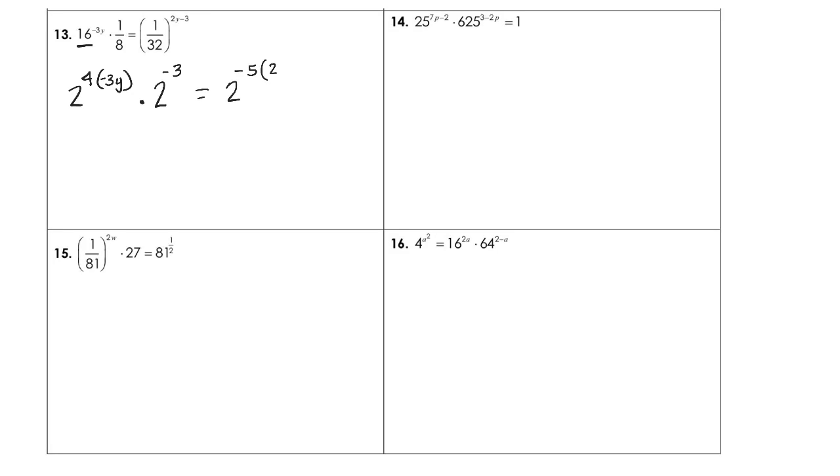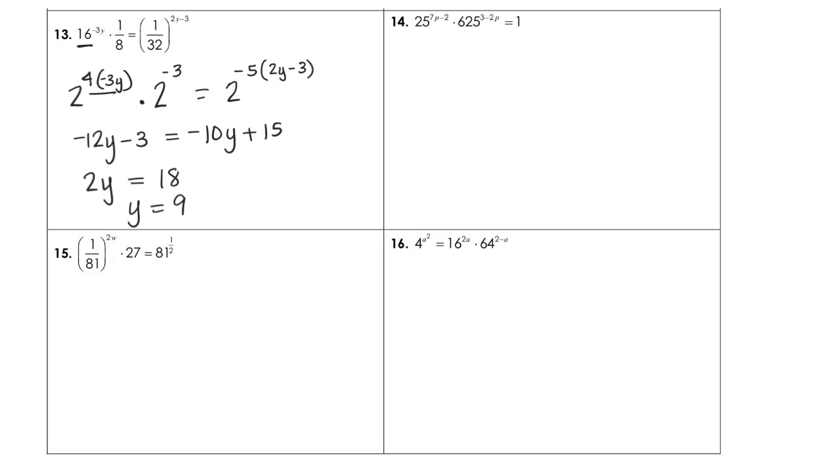And then that's raised to the 2y minus 3. Now looking at our exponents, from that first one we're going to have negative 12y. And then plus a negative 3, so minus 3, equals negative 10y plus 15. I'm going to add my 10y over, and then I'm going to go through and add my 3 over to the other side. And so it looks like y is 9.